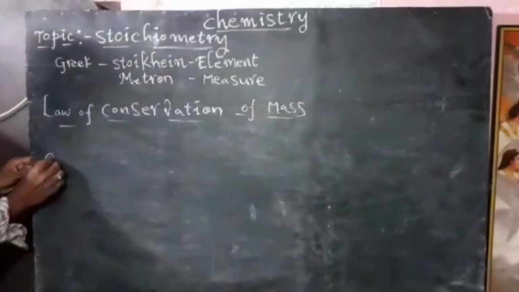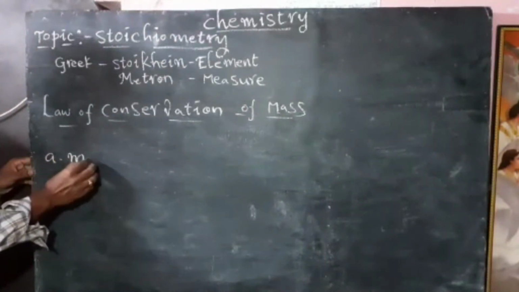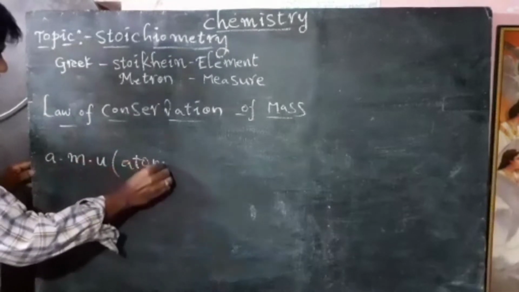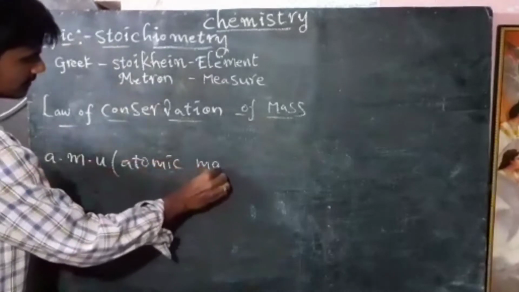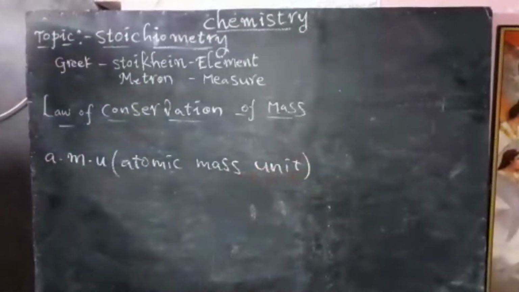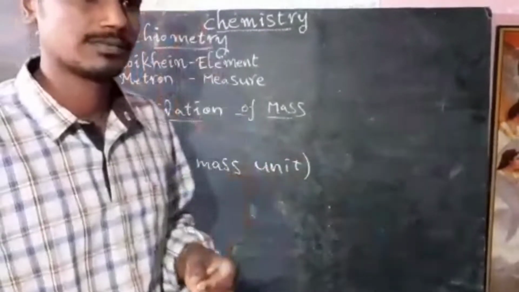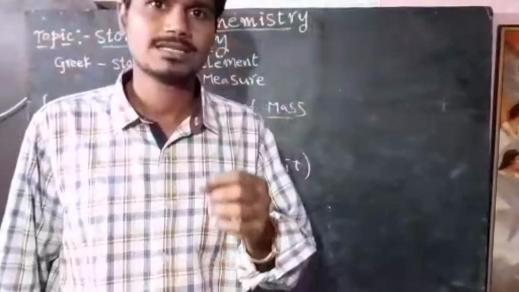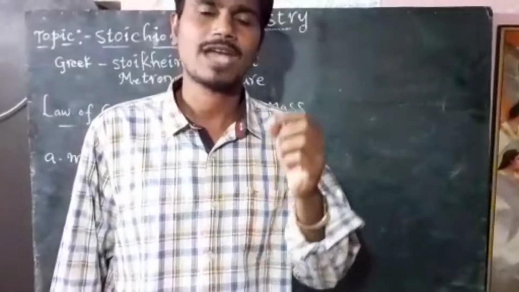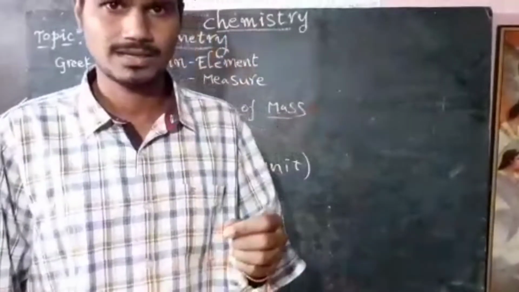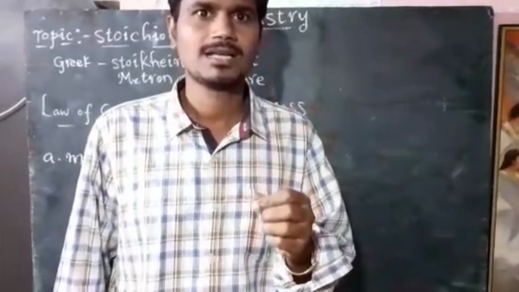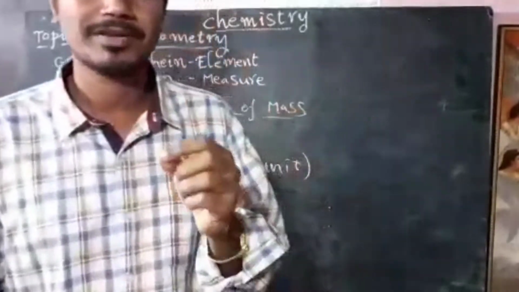The atomic mass unit is the smallest mass unit, used to measure the masses of atoms and subatomic particles.